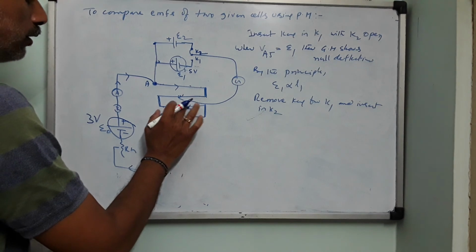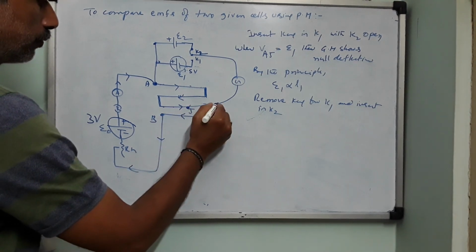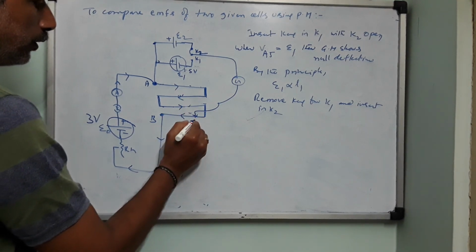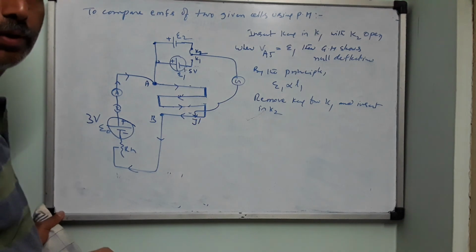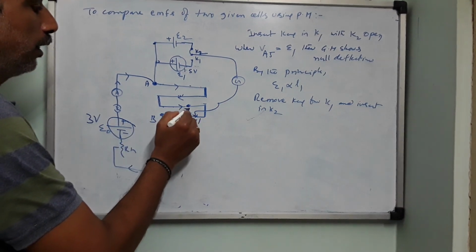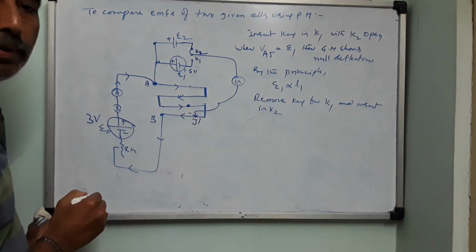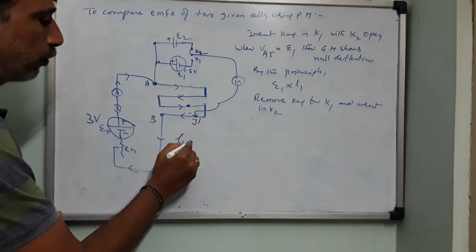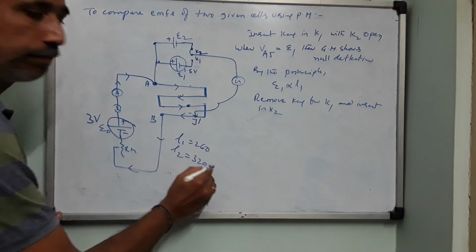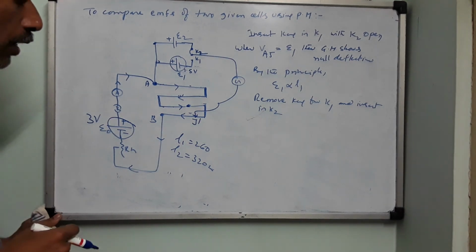When it reaches some point over here, this is J dash. How much is it? Let us say this was 260 and this is 300 and it begins from here, so 320 centimeters, let us say. So L1 was your 260 centimeter and L2 is nothing but 320 centimeter. Okay.